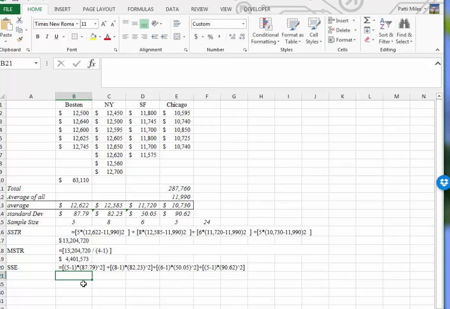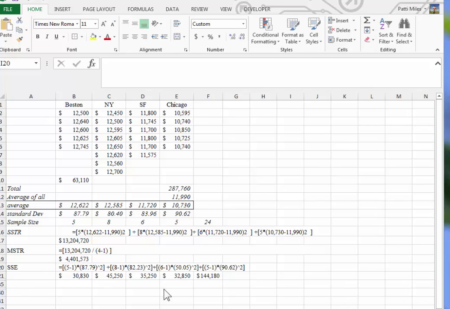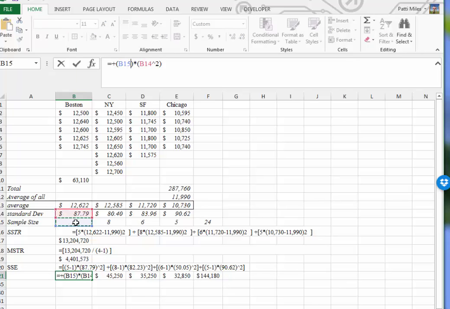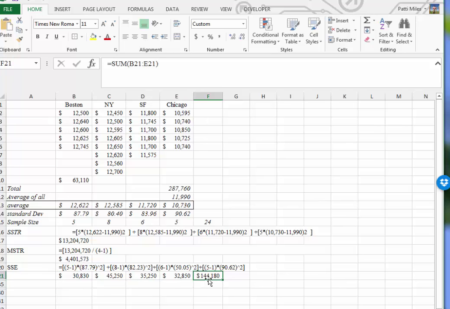Now this is not going to work, but I'll go down here and calculate the number for you. Okay, so I just calculated the SSE by actually calculating the different values. Like this one here, I did 5 minus 1, and then I just rolled it across and summed it at the end right here.